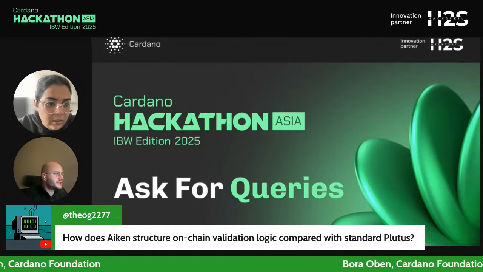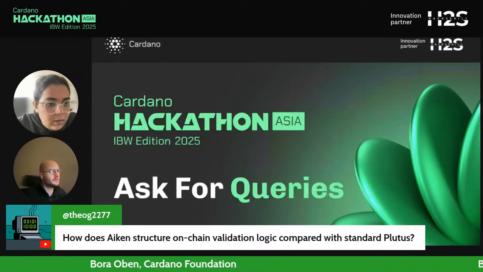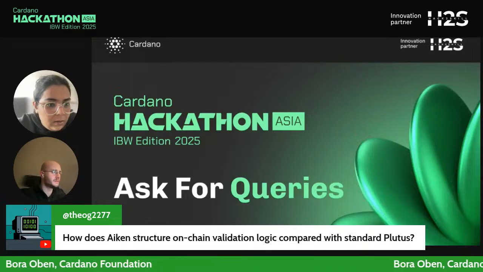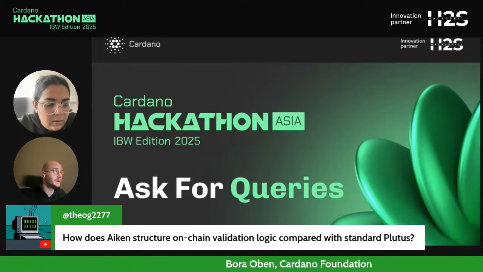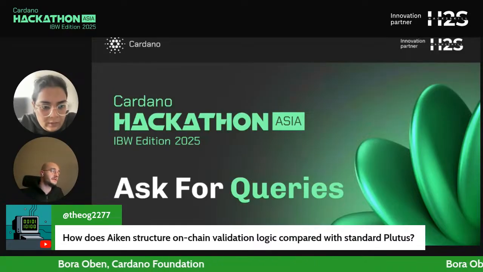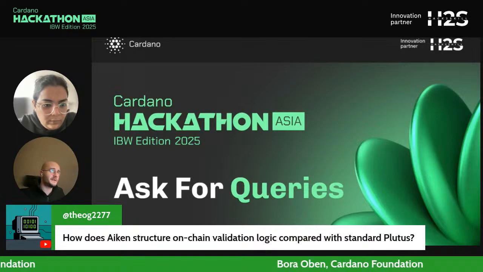Aiken structure on-chain validation logic, that's a mouthful, but I don't know exactly what you mean by this. If you mean Plutus, the Plinth language, the Haskell subset language for smart contracts, they are from a syntax perspective definitely quite different.